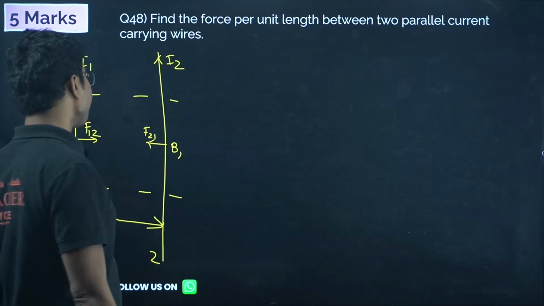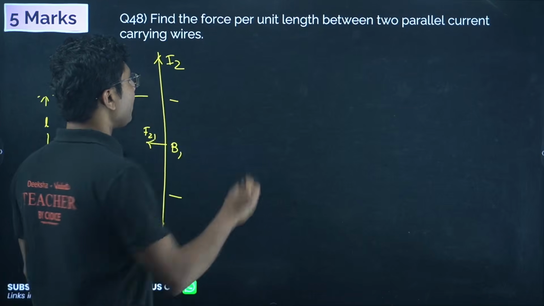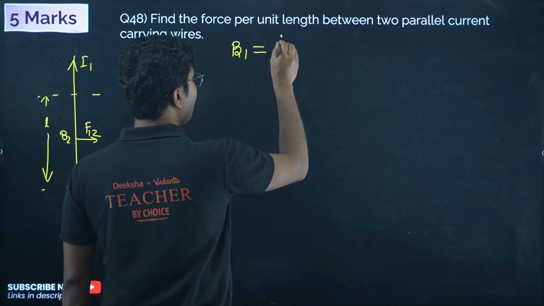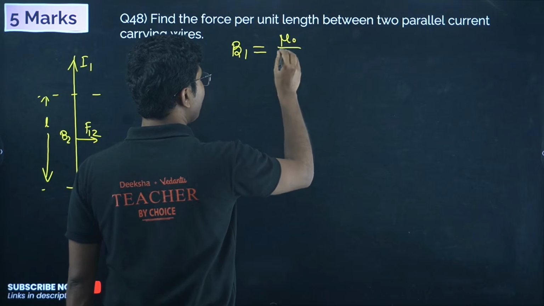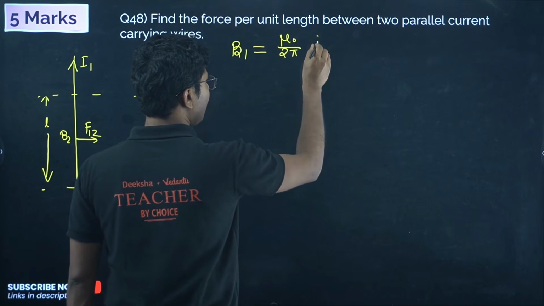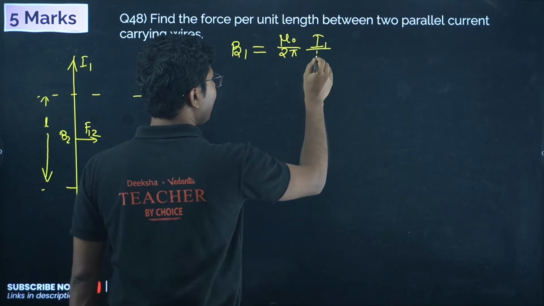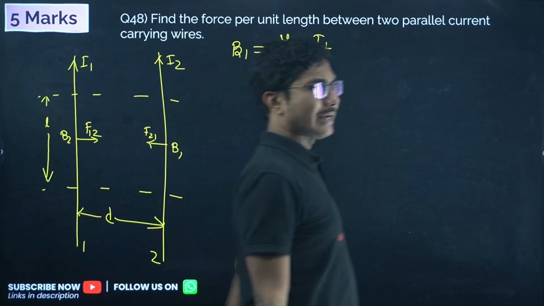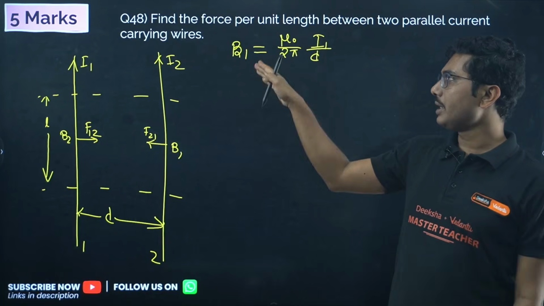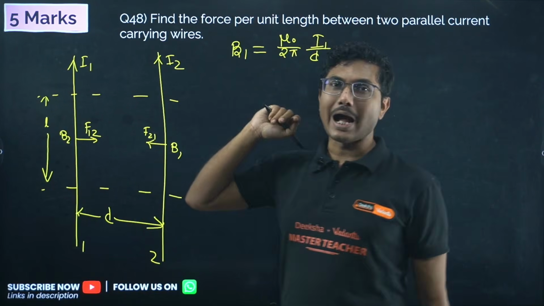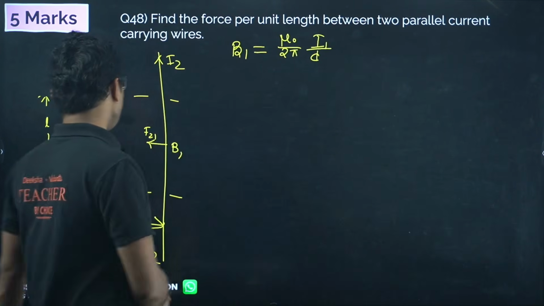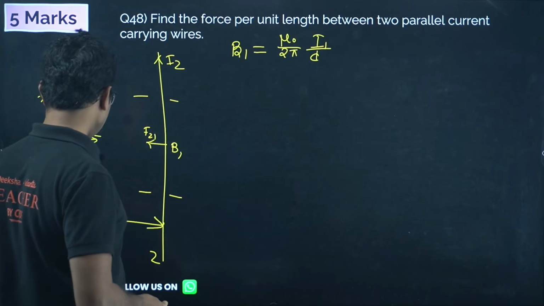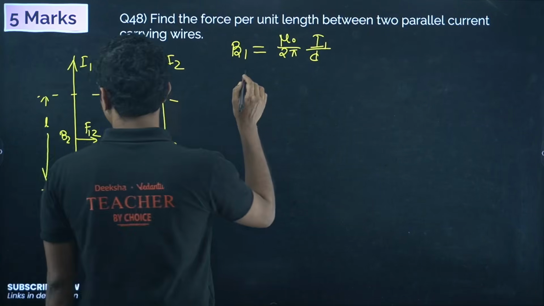So what is the expression for magnetic field due to a current carrying wire? It is mu naught by 2 pi I upon the distance. Remember, this is the basic that you have to remember. Magnetic field due to a current carrying wire is mu naught by 2 pi I1 upon d. Now what is the force acting on it?